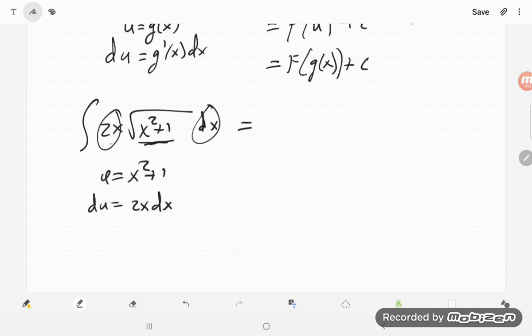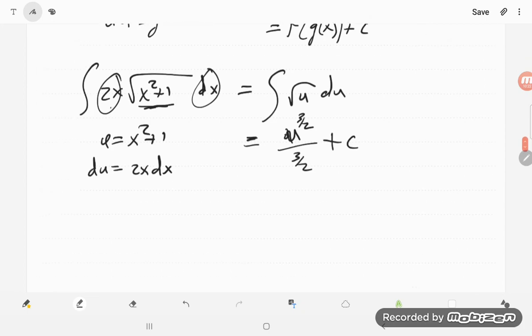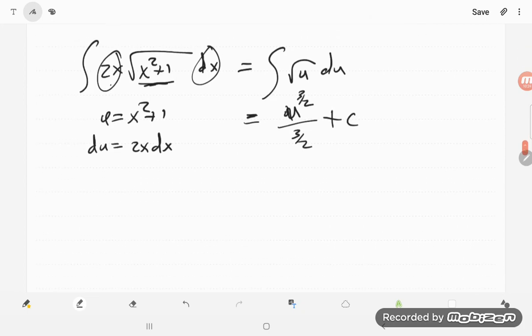And so I can do a substitution and write this as the square root of u du. And I can do that antiderivative. That's u to the 1/2, so that will be u to the 3/2 divided by 3/2 plus a constant. And so this is equal to 2/3 u to the 3/2 plus my arbitrary constant.